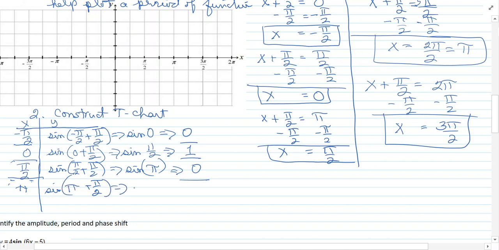So that makes it sine of 3 pi halves. Now you see that I've got the quadrantals right here. So that's going to give me -1, and then my last one is 3 pi halves.